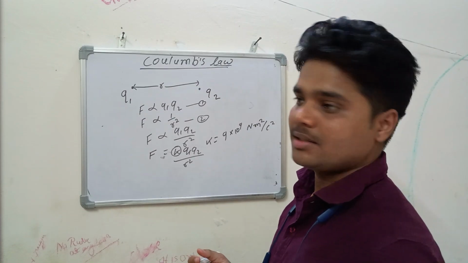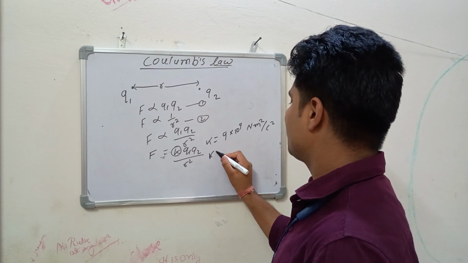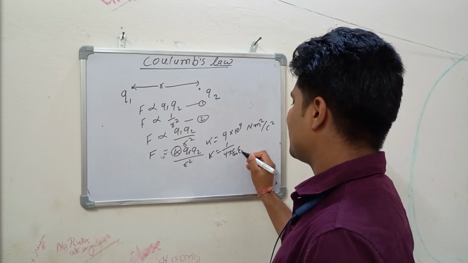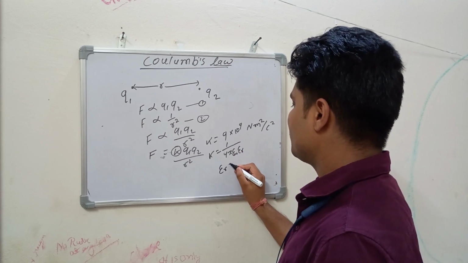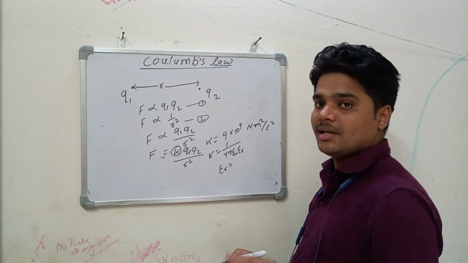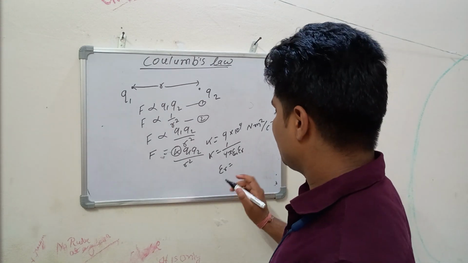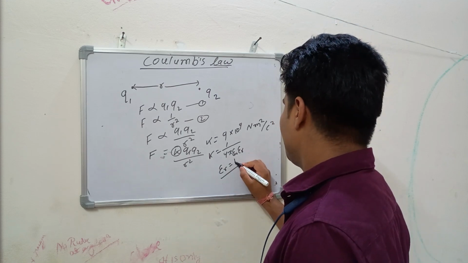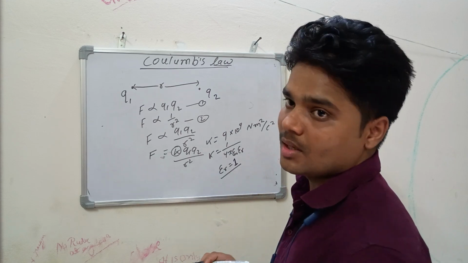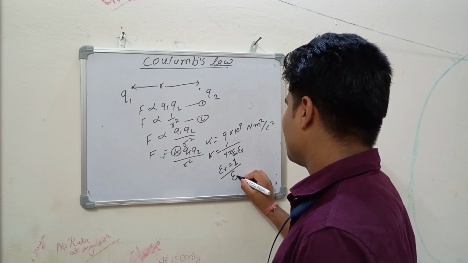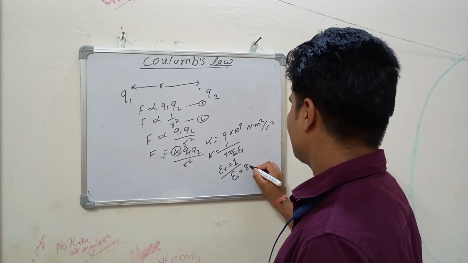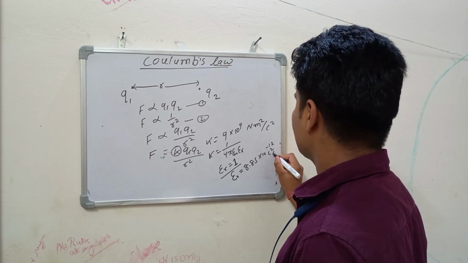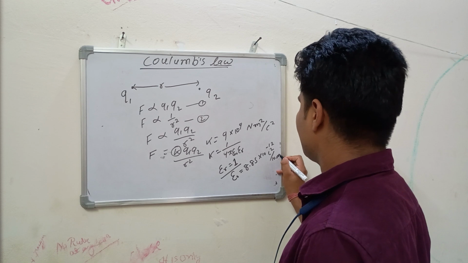We can also write K equals 1 by 4 pi epsilon naught epsilon r, where epsilon r is the relative permittivity and its value for vacuum is unity, and the value of epsilon naught is 8.85 into 10 to the power minus 12 Coulomb square per Newton meter square.